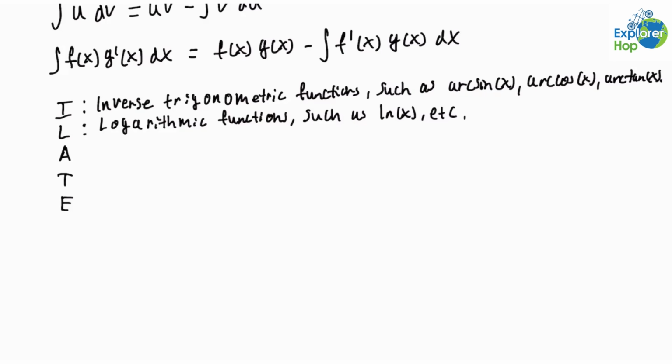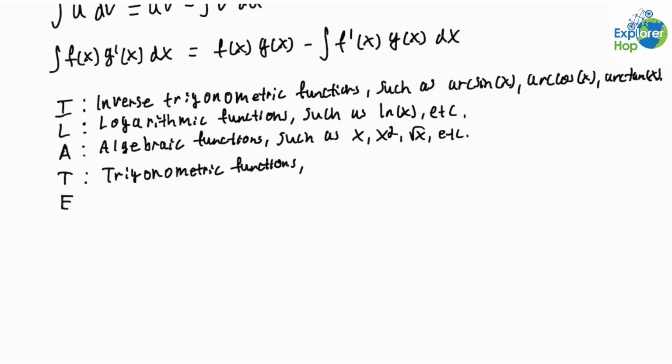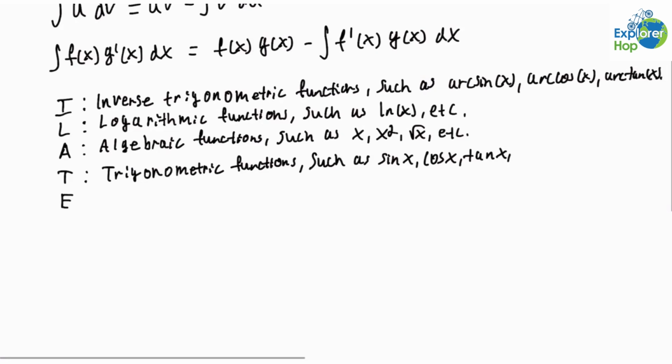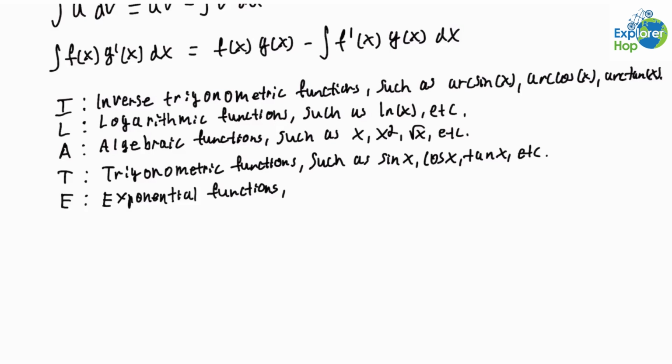A stands for algebraic functions such as x, x squared, or the square root of x, etc. T stands for trigonometric functions such as sine of x, cosine of x, and tangent of x, etc. And E stands for exponential functions such as e to the x, etc.